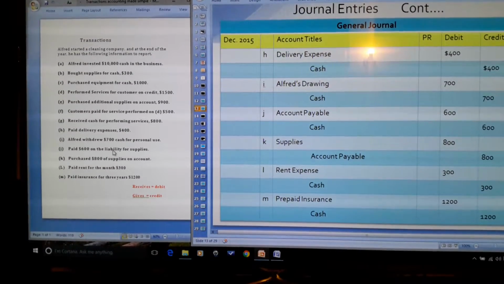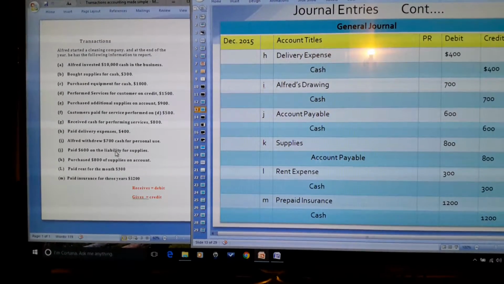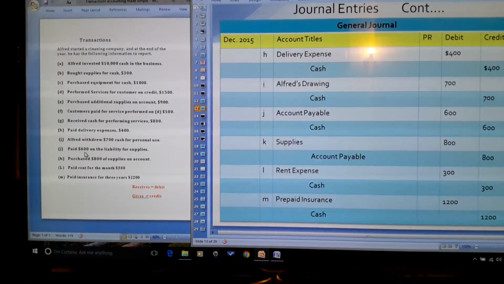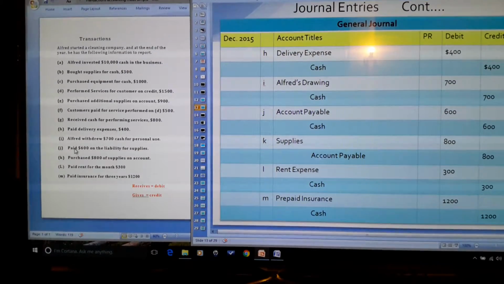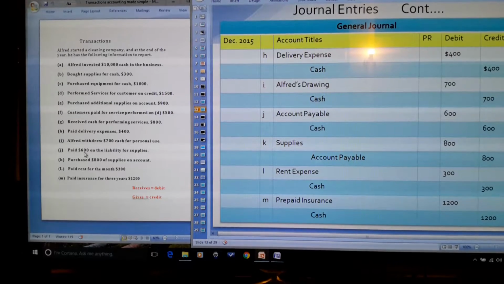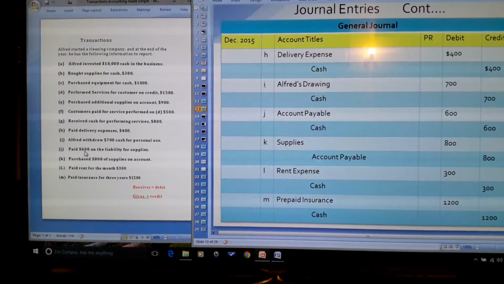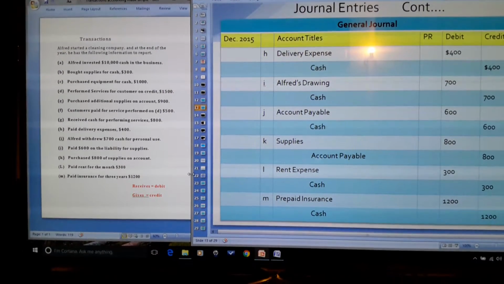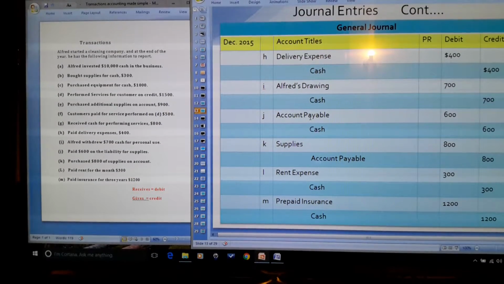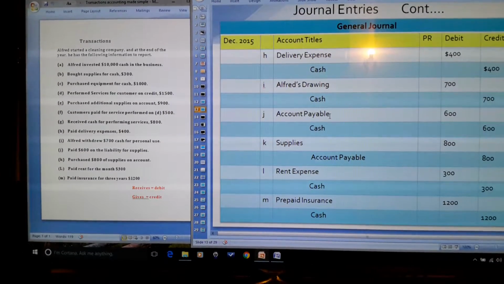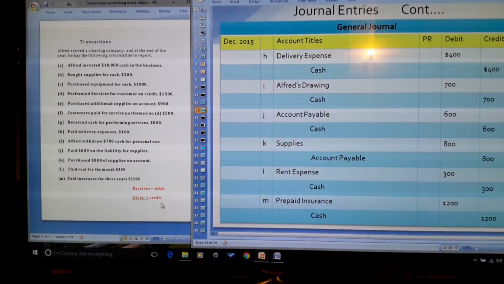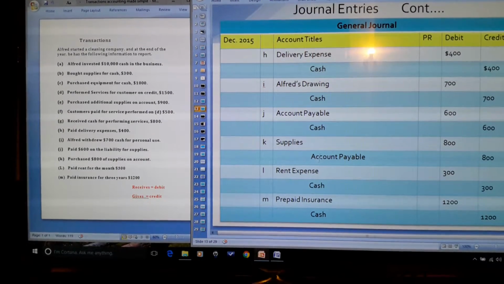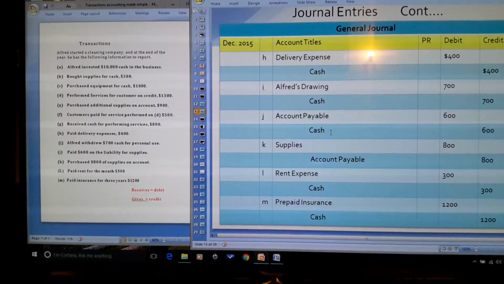The liability that was created, which is accounts payable, is now going to reduce by $600 with cash. So cash is given, 600, to accounts payable. So you debit accounts payable, which is receiving, and cash is given. So if cash is given, you credit cash.